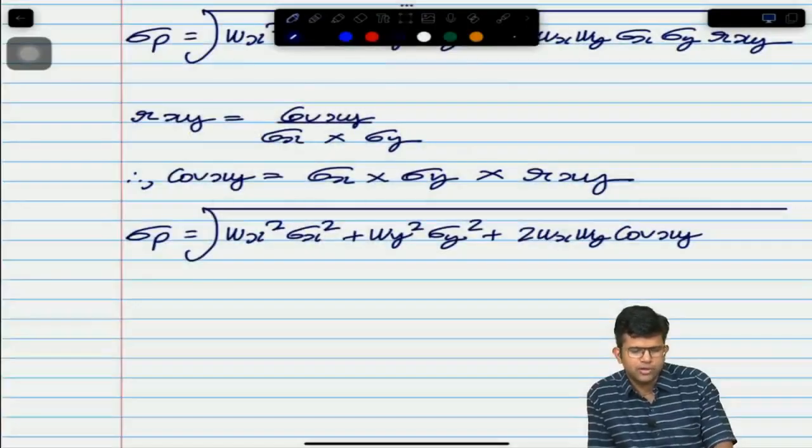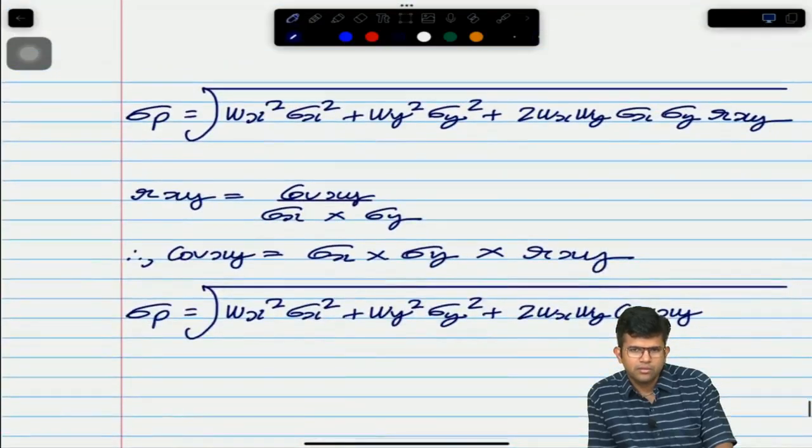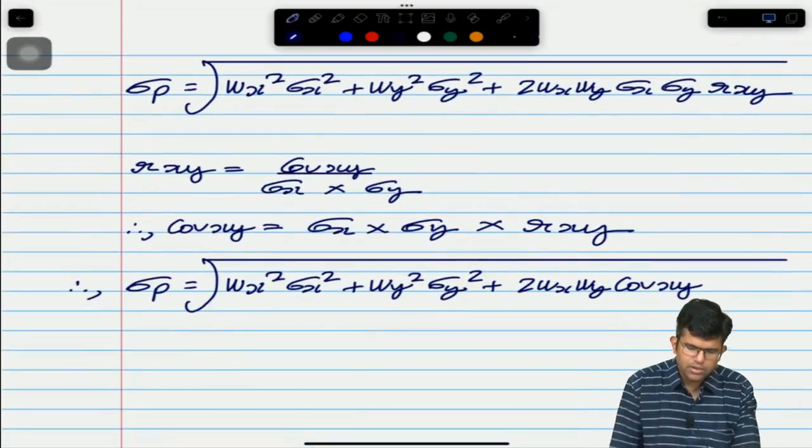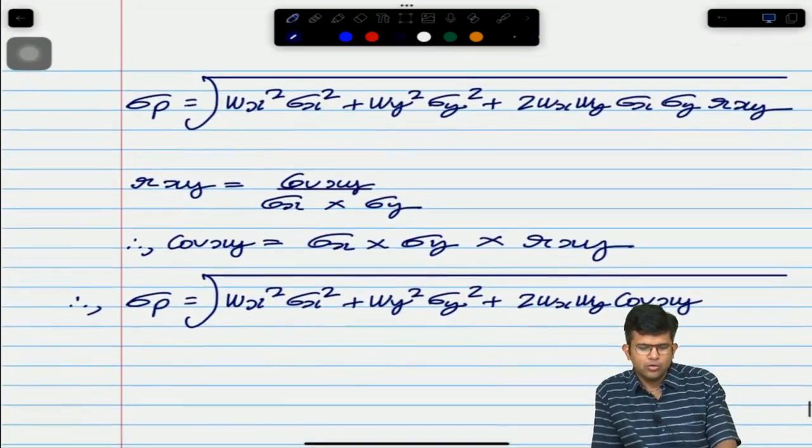You want to write this note? Write note on sigma p.